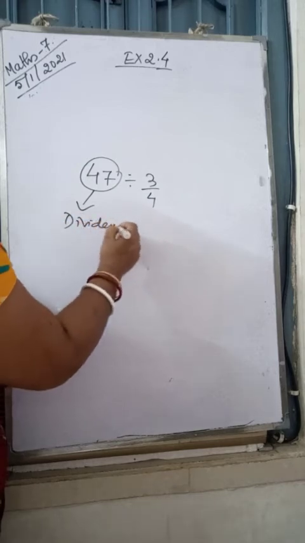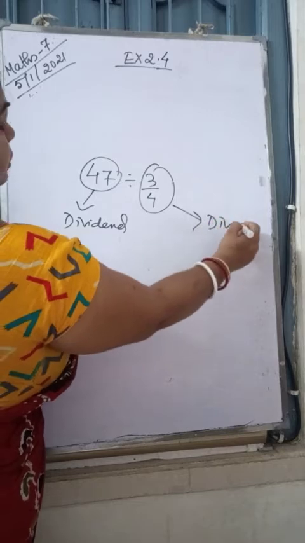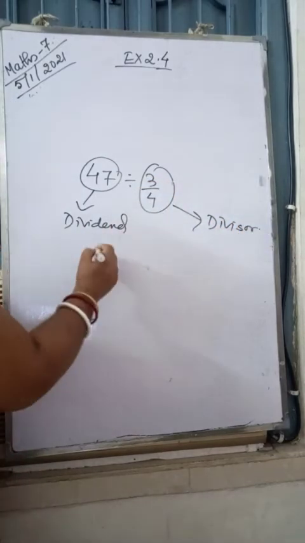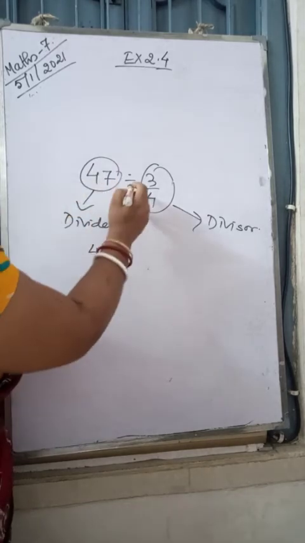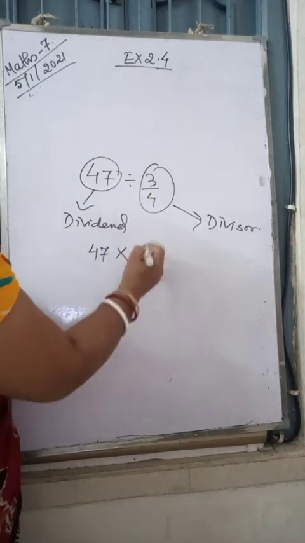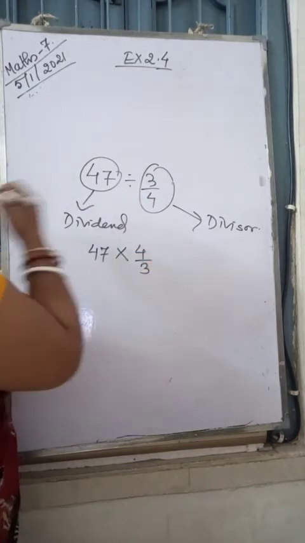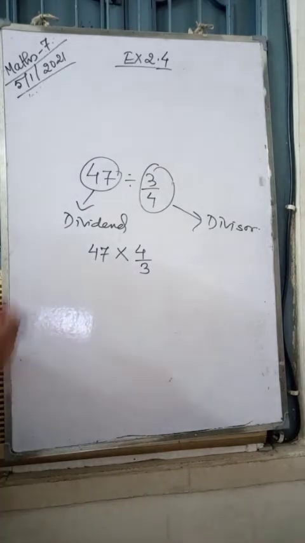Already you know. And this is known as divisor. Now this 47 remains as it is. Dividend is remaining as it is. The sign of division is changing into multiplication and this divisor changes into its reciprocal. This is the rule we use to do the division of fraction. So that we are going to do for exercise 2.4.